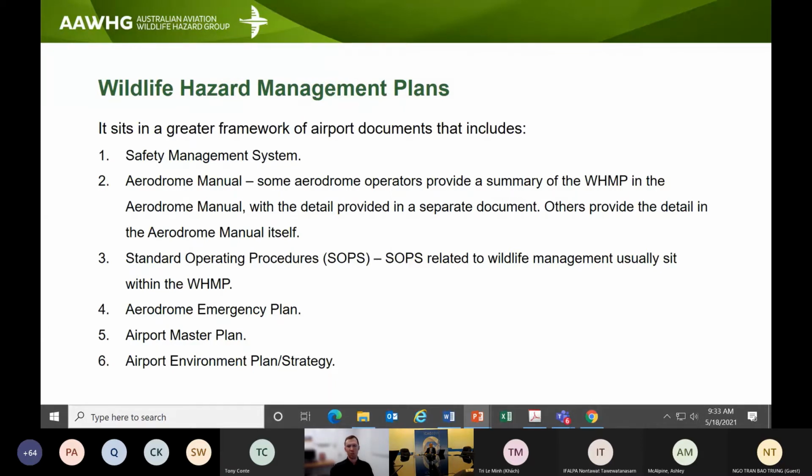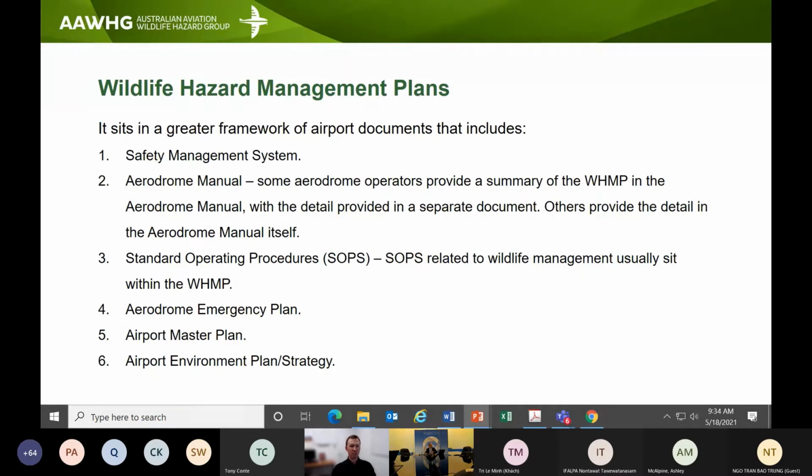Some aerodromes and operators provide a summary of the WHMP in the aerodrome manual with the detail provided in a separate document, while others provide detail in the manual itself. Now, this is generally commensurate with the scale and complexity of the operations and the wildlife risk at the site.